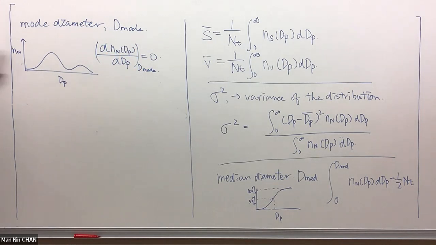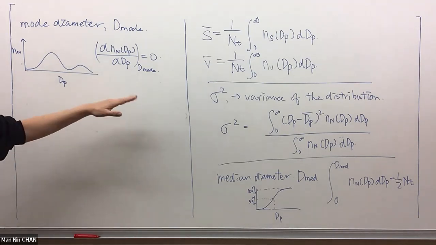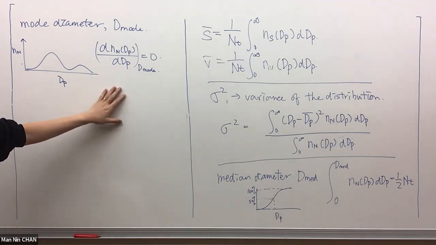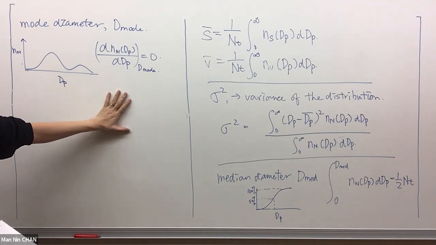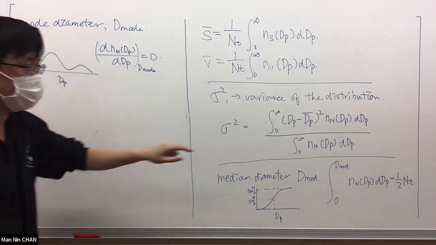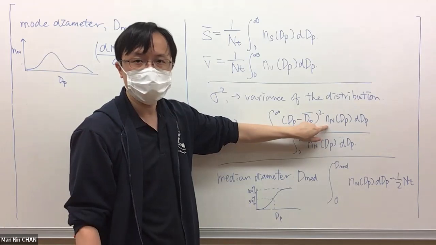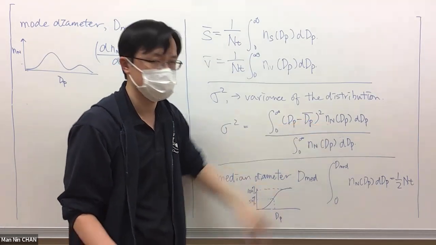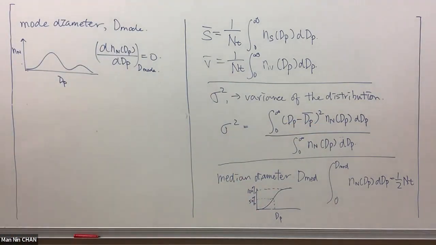Usually these are properties or parameters we use to describe the distribution of our aerosols. But one thing is, we just showed you the way you calculate this kind of parameter. One of the most important things is that you need to have a function to describe your aerosol size distribution.